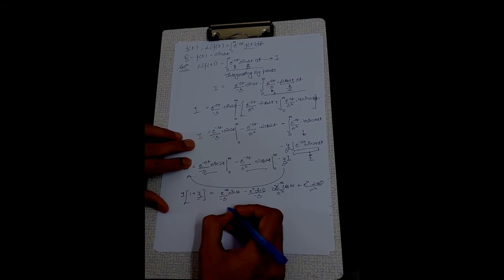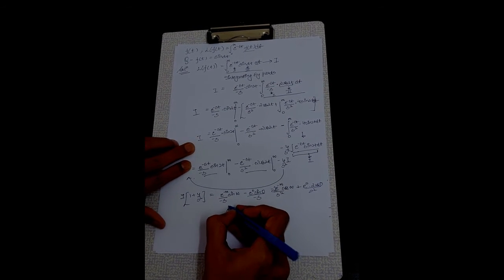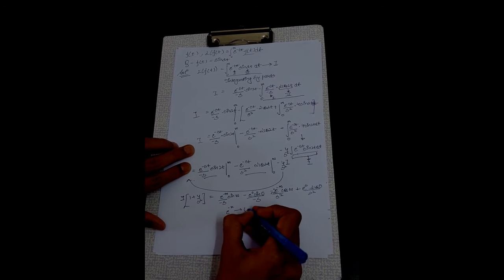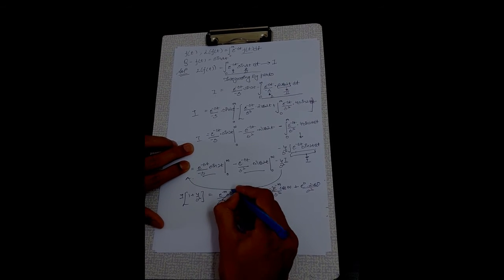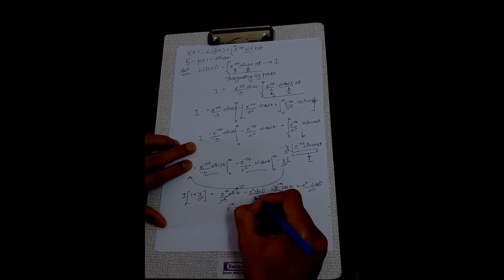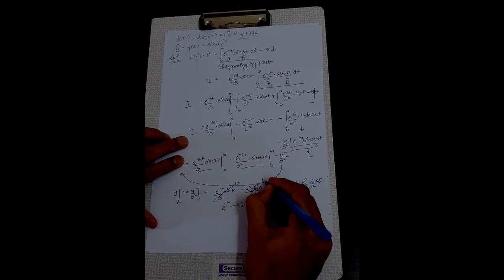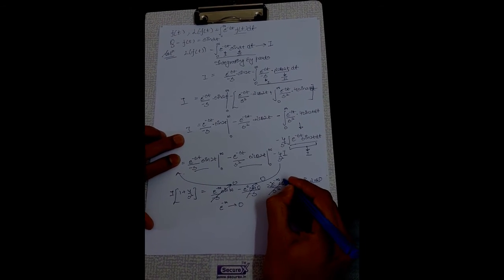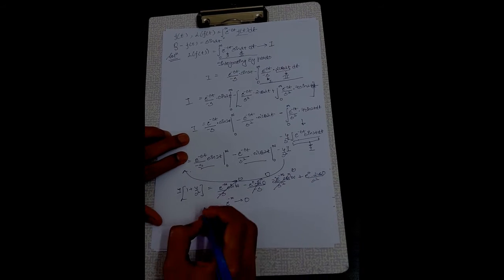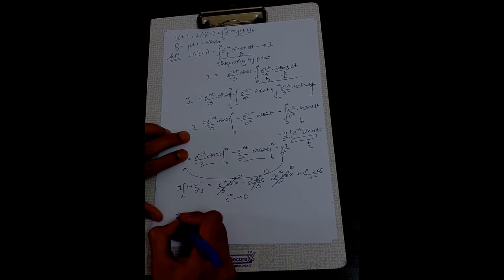As we know, e to the power minus infinity tends to 0, so this term becomes 0. This term, because of sin 0, becomes 0. This term also, because of e to the power minus infinity, becomes 0. So we are left with I.